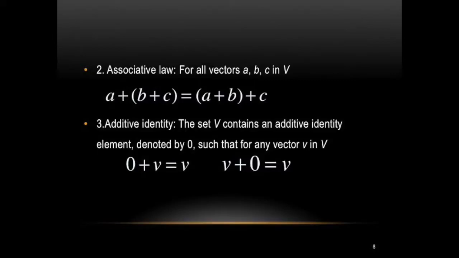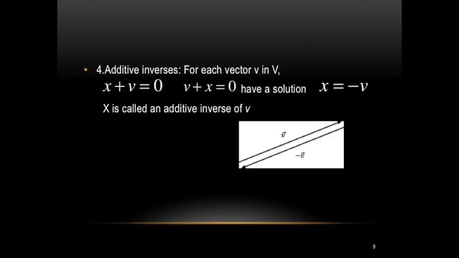The set V contains an additive identity element denoted by 0, such that for any vector V in set V, 0 plus V equals V and V plus 0 equals V. And the last law of vector addition is the additive inverse.